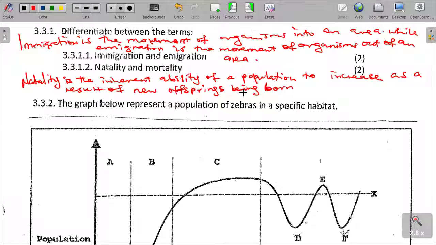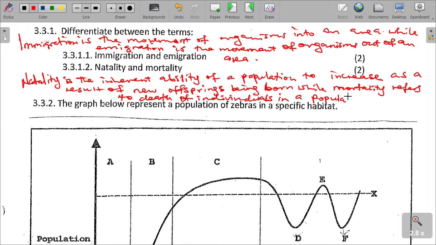Mortality refers to death of individuals in a population species.